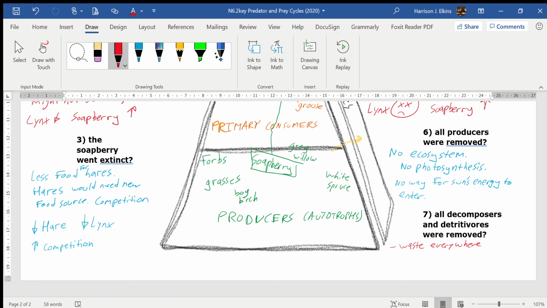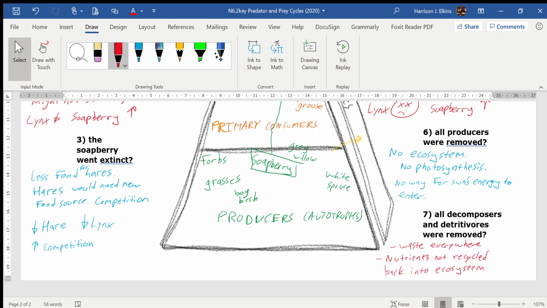But another important thing that mushrooms do, and you might remember this from the nitrogen cycle, is they recycle nutrients. So without these, you would not have nutrients being recycled back into the ecosystem. And so if you had no decomposers or detritivores, your ecosystem would be very nutrient poor.